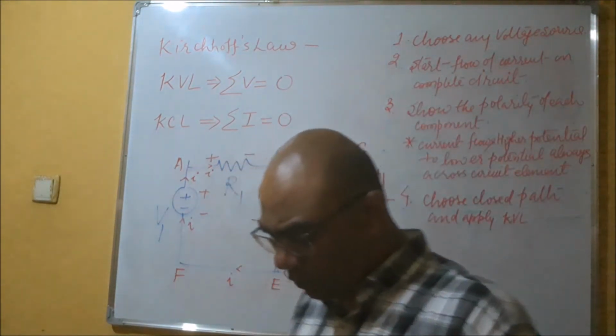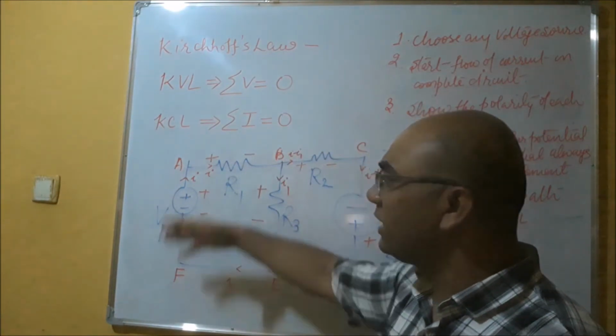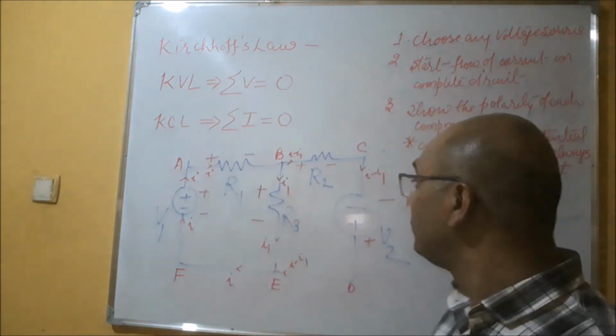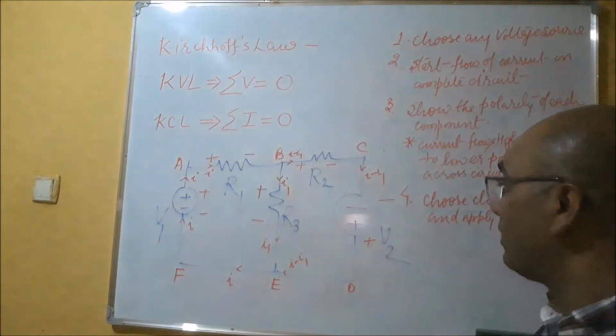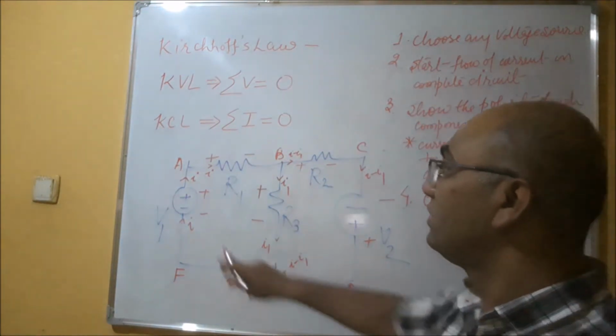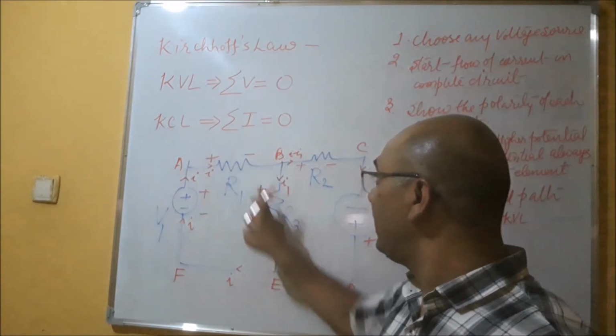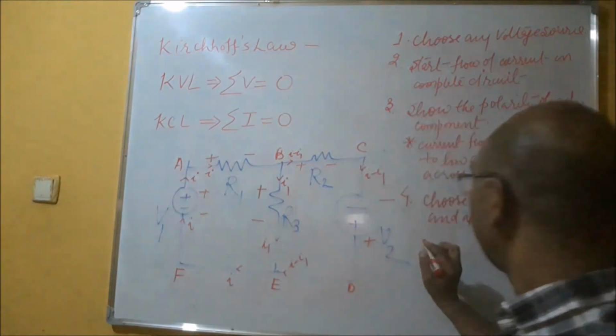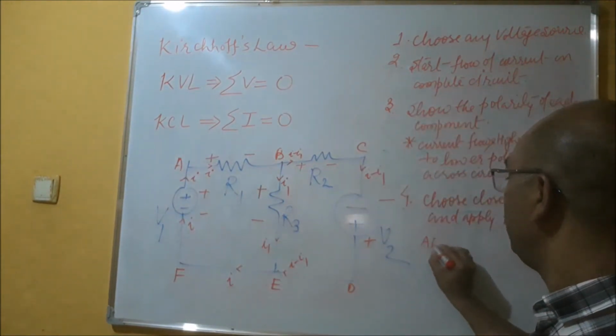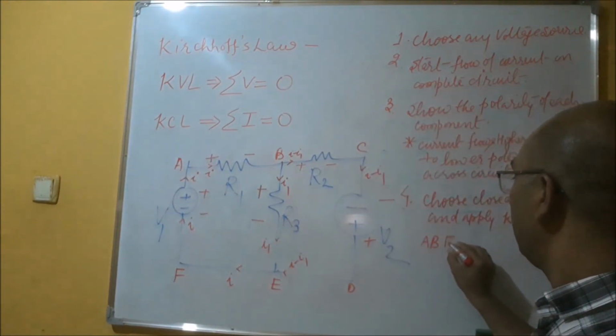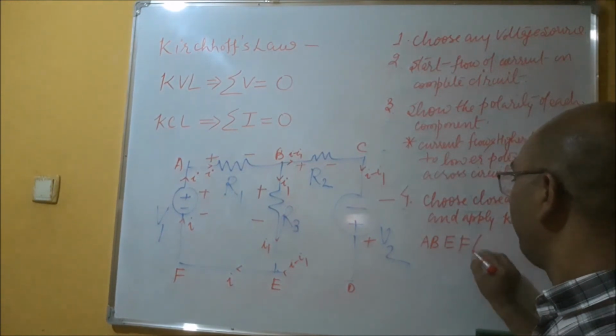So now you see that you can choose any closed path. I am choosing them one by one. First I am choosing the small loop, A, B, E, F, A. So A, B, E, F, A.